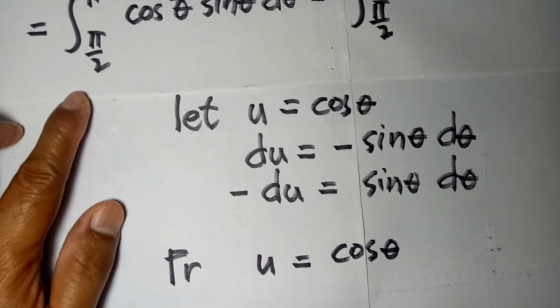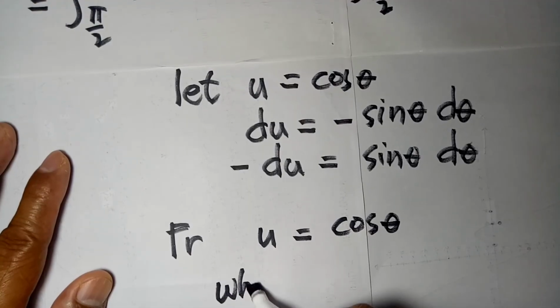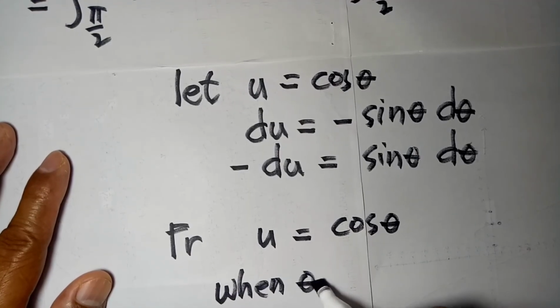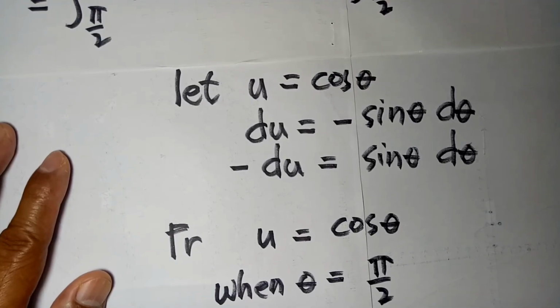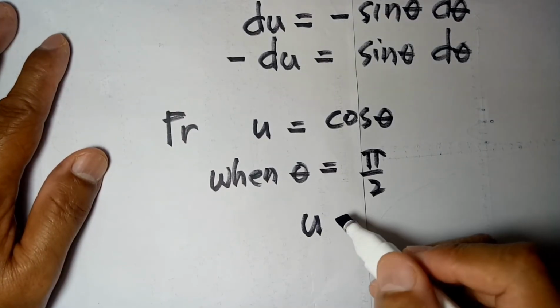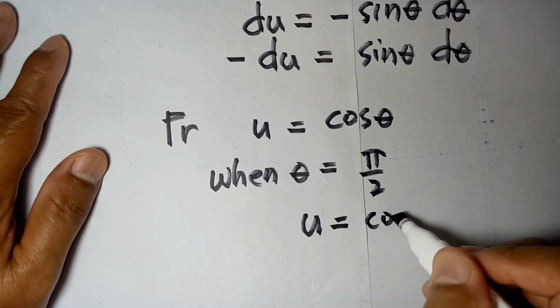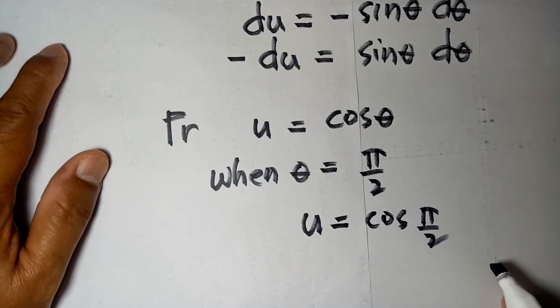So, una, when theta equals pi over 2. So, I will have u equals cosine of pi over 2.